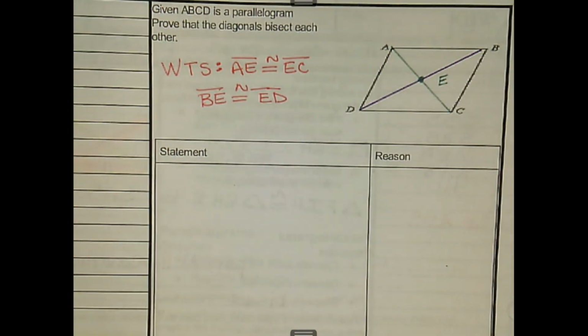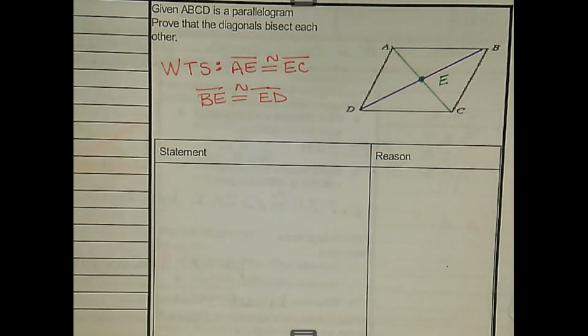Because if the pieces are congruent, that means that it has been cut in half, it has been bisected. So we know what the last statement needs to be.